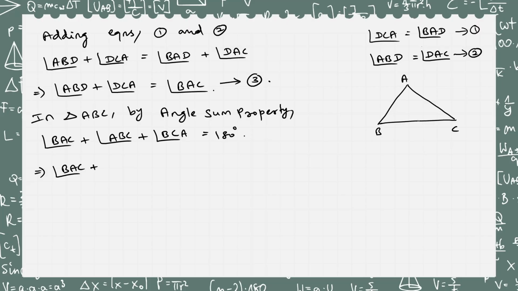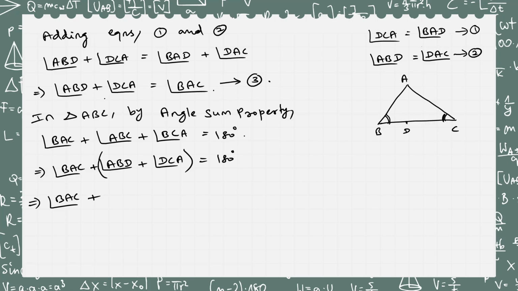ABC and ABD, see D is on this way, D is here only, right? So ABC and ABD both mean this angle only. So I am replacing ABC with ABD, and in the same way BCA or DCA both mean the same angle only. So I am replacing BCA with DCA. They all add up to 180 degrees. I am keeping BAC as it is, and these two I am combining together.